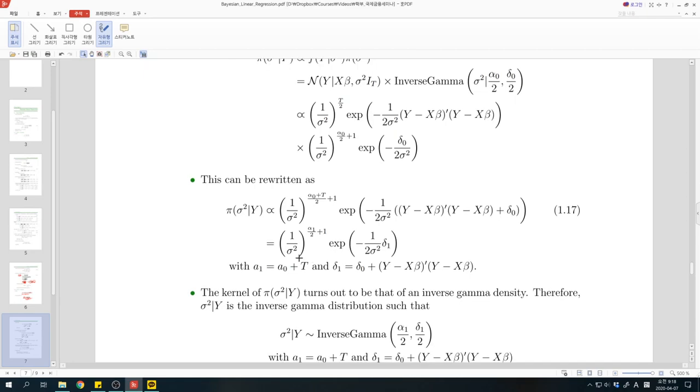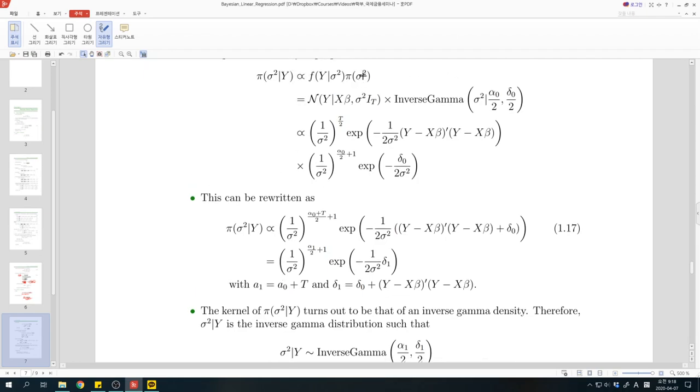So this is the posterior density of sigma square, and you see that this is very familiar. Why? Look at this. This is the prior density of sigma square, and it has this form. This one and this one are very similar. The only difference is here it is alpha 0 and delta 0, and here it is alpha 1 and delta 1.